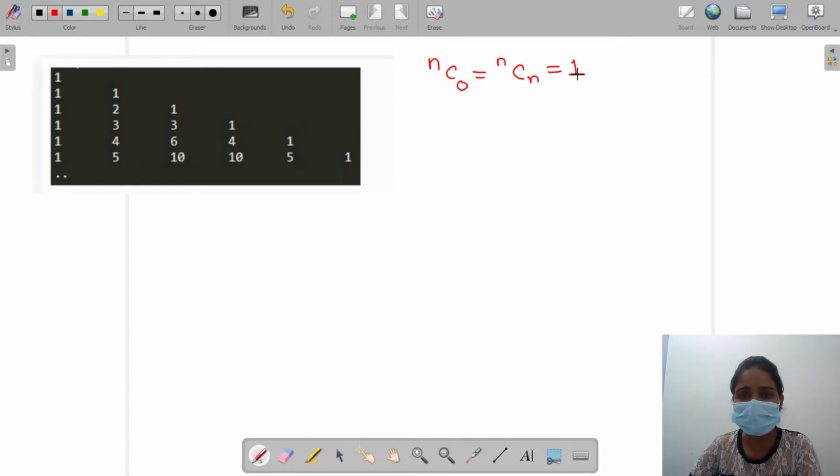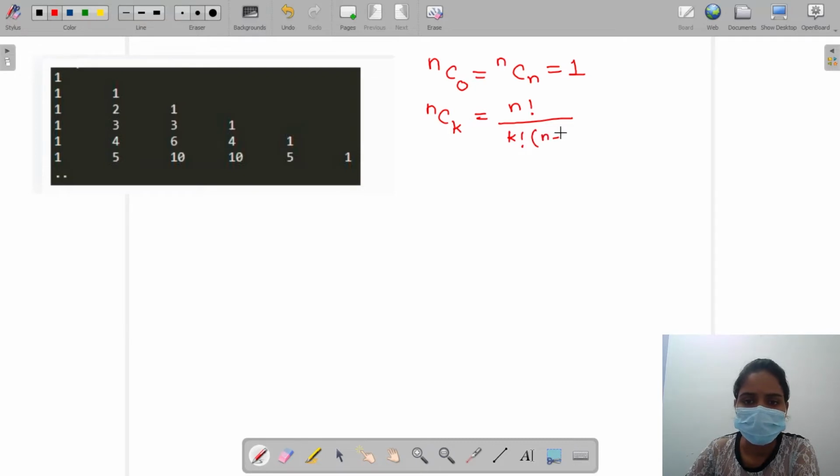Why I'm telling this, I'll tell you after a while. Another formula that we studied, nCk, is n factorial divided by k factorial multiplied by (n minus k) factorial. Have we studied this? Okay, so this is the first thing that I'm telling you.